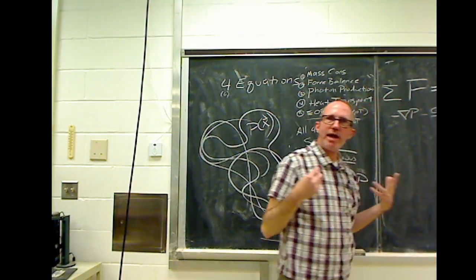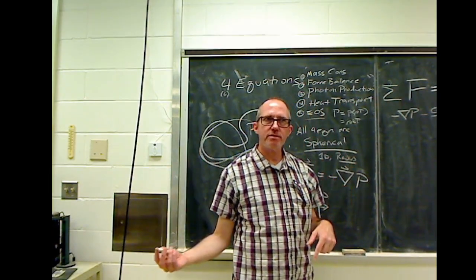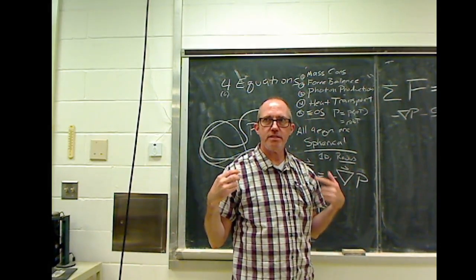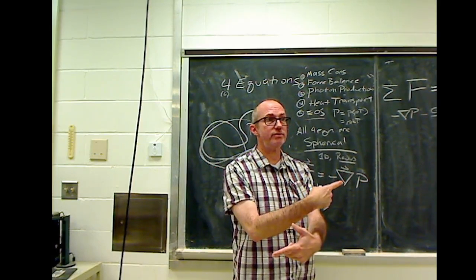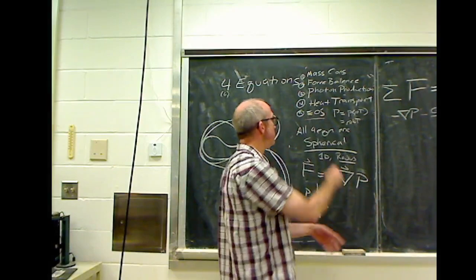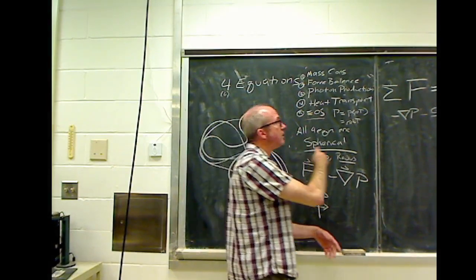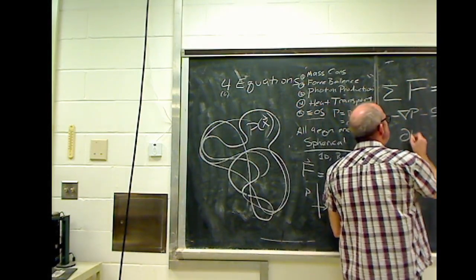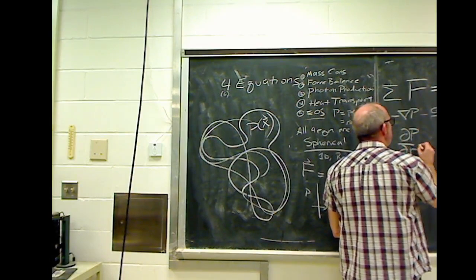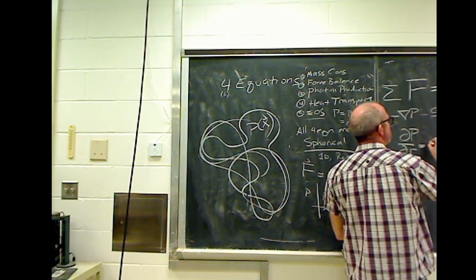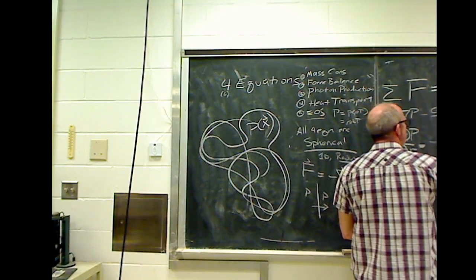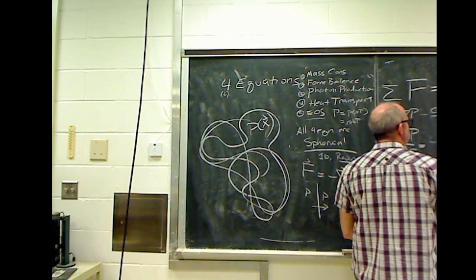And grad P, what's grad P in 3 dimensions? Grad P is just dP dr, because the phi and theta derivatives we're throwing out by the assumption that it's spherical. So this just becomes dP dr equals, I get a minus and a minus, one of them goes over there, so I'm left with minus G M rho over r squared.